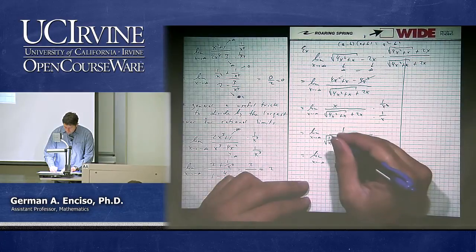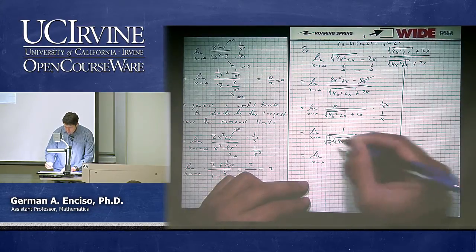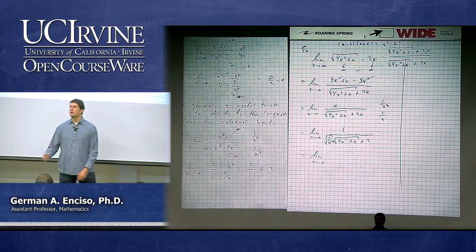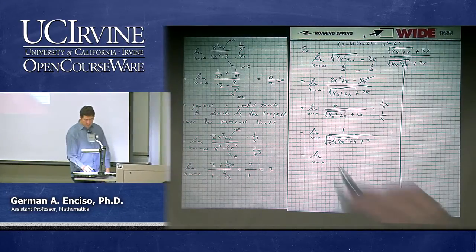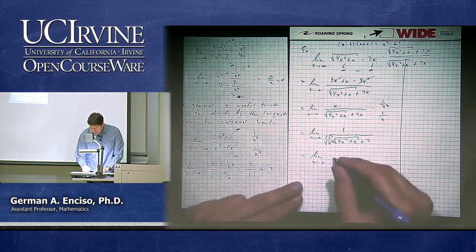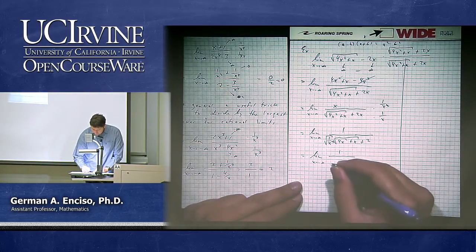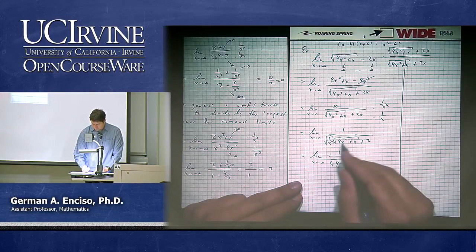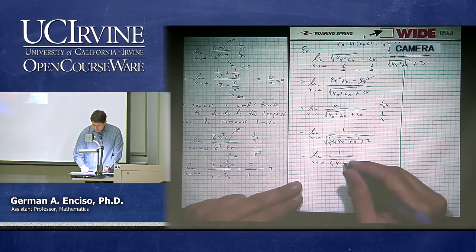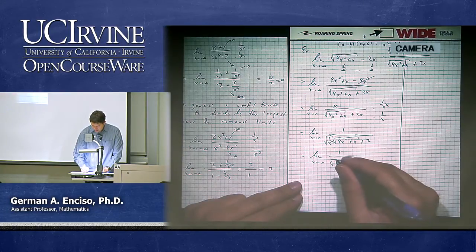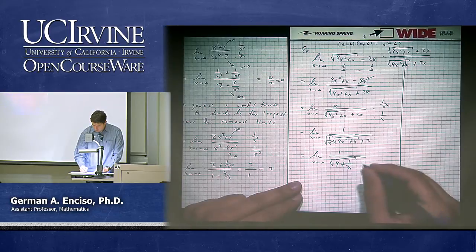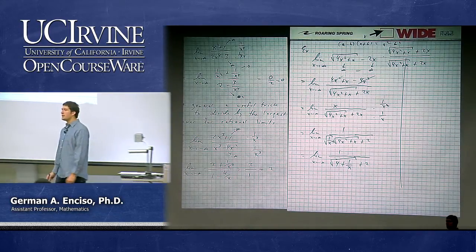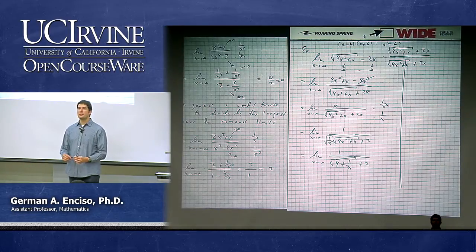The square root of 1 over x squared. The square root of one thing times the square root of another, I can write down as the square root of the whole thing. This is the square root of 4 plus x divided by x squared, which is 1 over x, plus 2. Is that clear, or should I say it again?